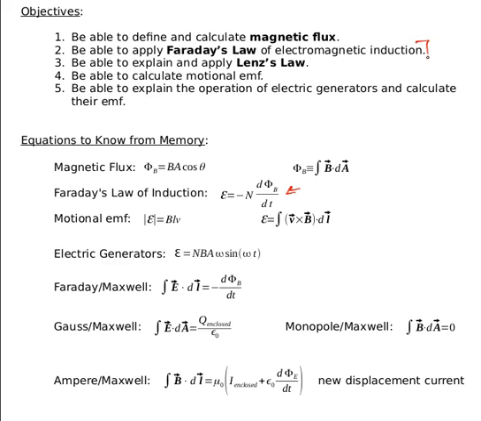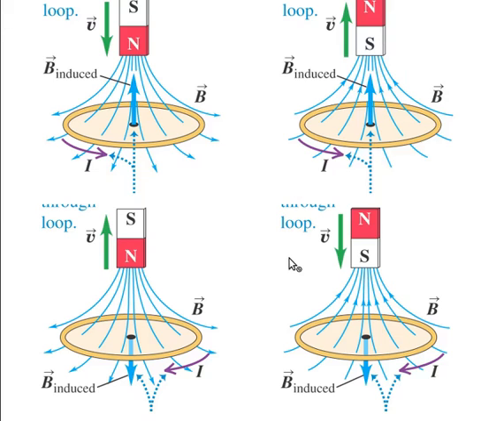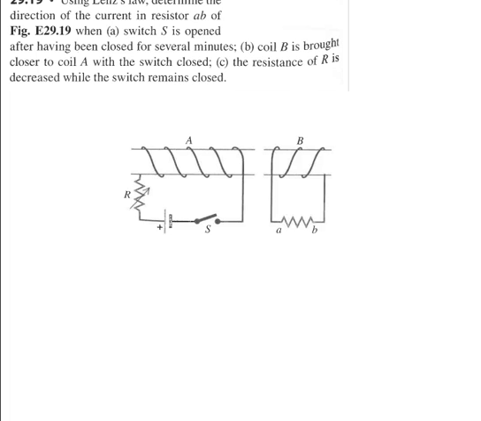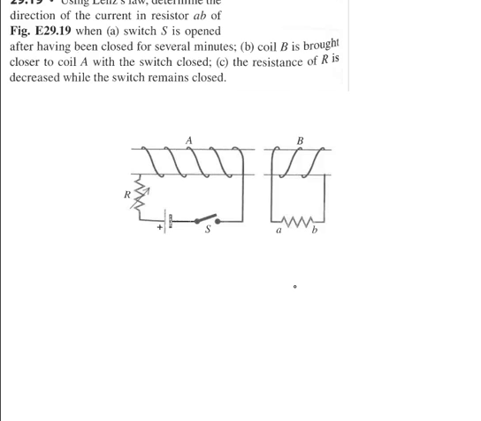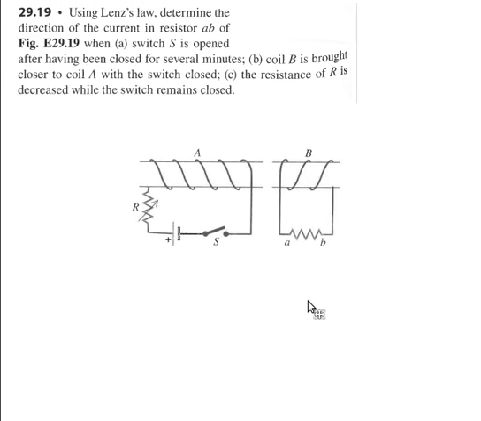And in order to get the direction of this EMF, we had a couple of ways of doing it. I would say by far the easiest way was this Lenz's law approach, where we say that the induced current is going to fight the change in the magnetic field. Let's take a look at some problem type problems.